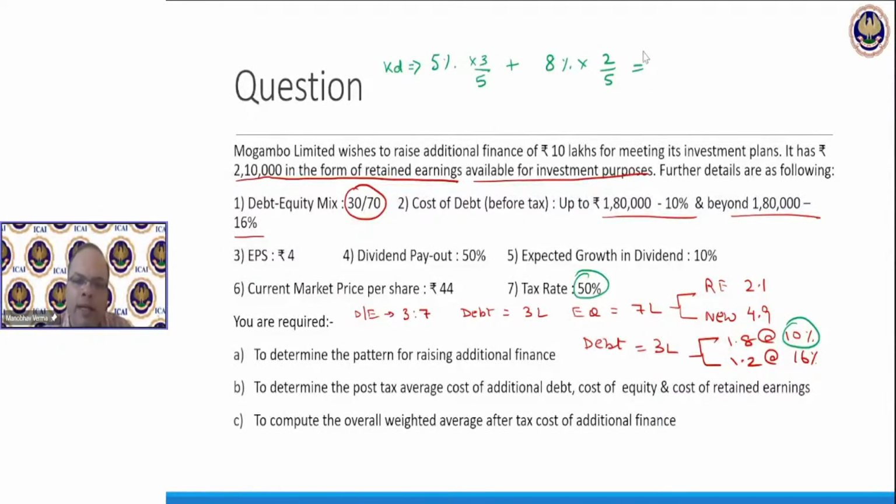What is the amount we should get here? 3 plus 3.2, right? 6.2%. So a couple of people are getting different answers. Please check. I think 6.2 looks good to me. The majority of you anyway told me that. 6.2. And then we talk about cost of equity and cost of retained earnings. Of course, in this case, you can calculate the same.